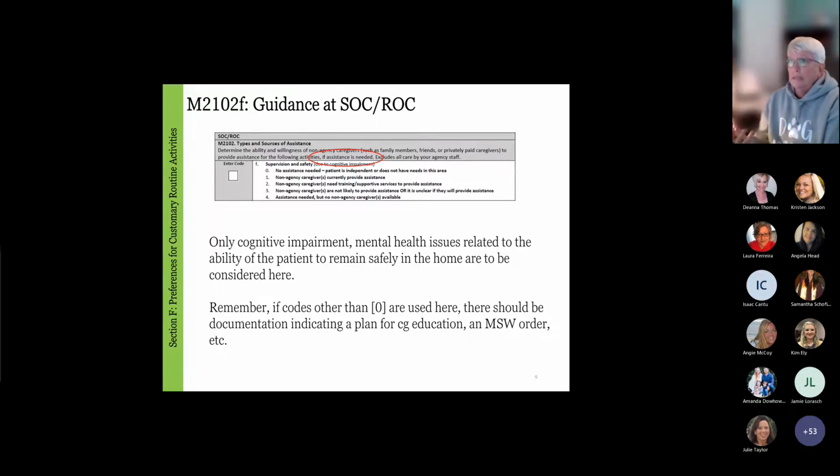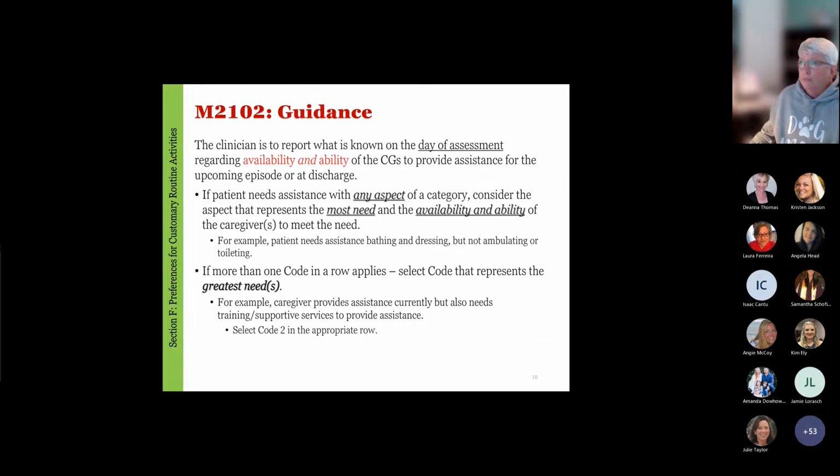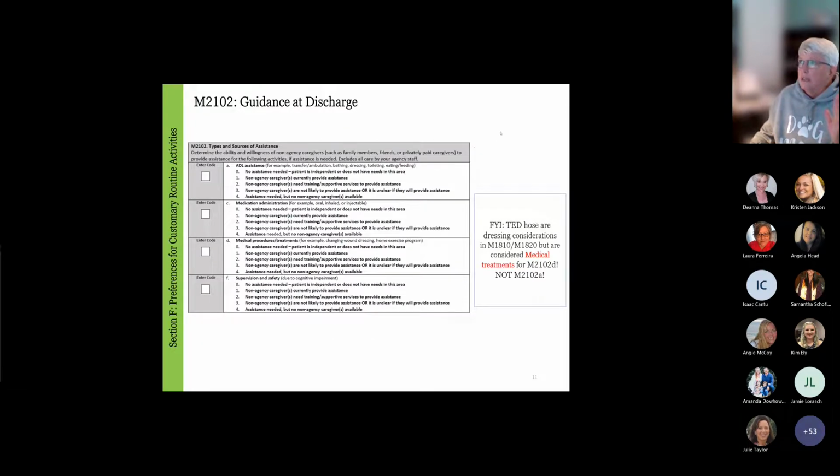So if you have a patient that does not have any impairments and they don't have any mental health issues, they should be a 0 on this because they have no needs in this area. So we just want to make sure that we're only looking at the cognitive impaired population. Yeah, that's just more of a guidance thing on that.